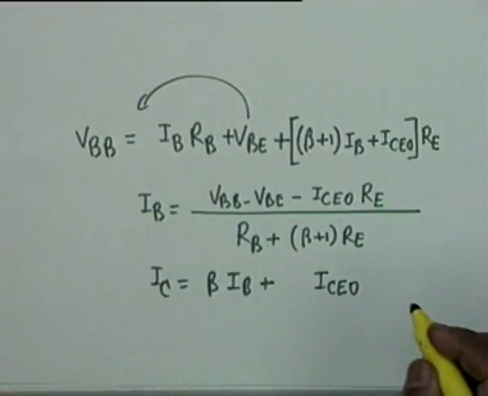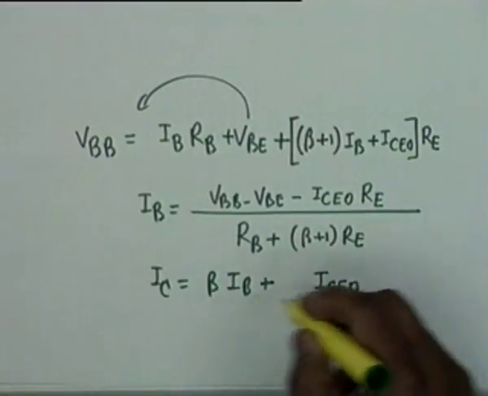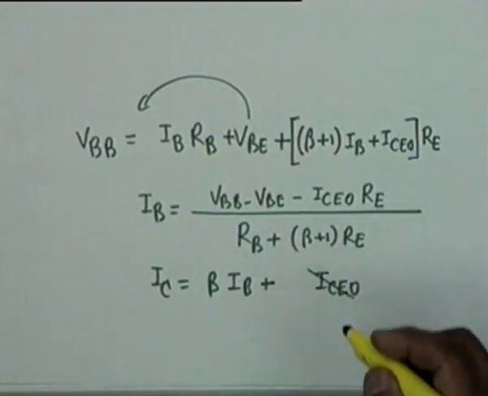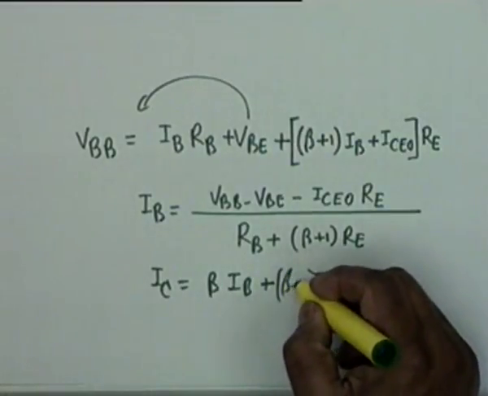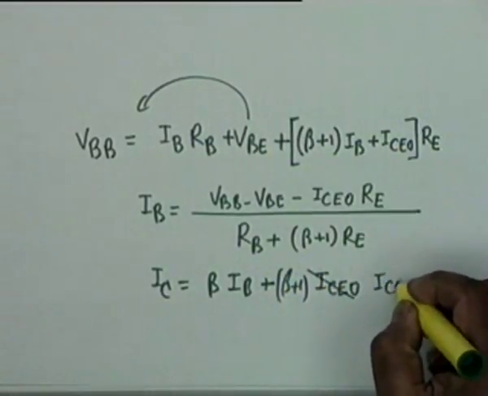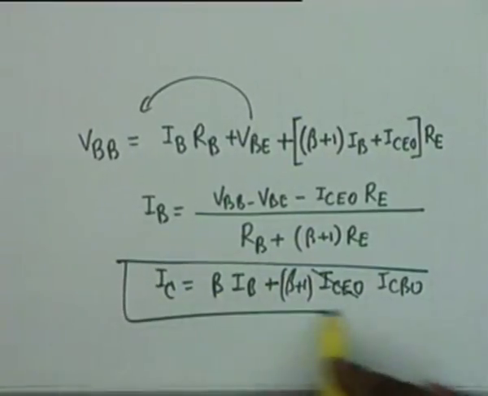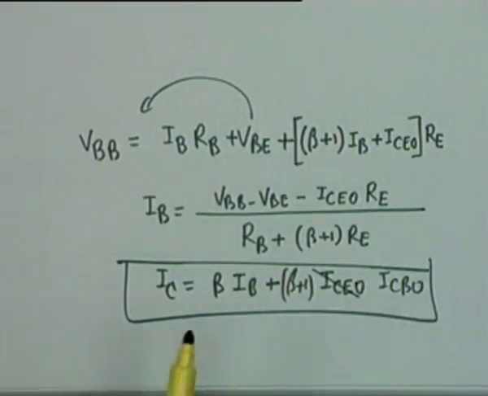All right. And usually what I will do is, when I write an expression for I sub C, I will go back to ICBO. That is, instead of ICEO, I will write beta plus 1 ICBO. Okay. This is a sideline. We don't need this equation now, but we will require this later on. We shall have to utilize this expression for I sub B.